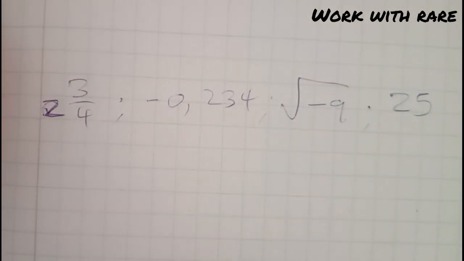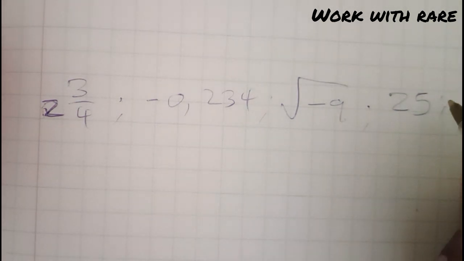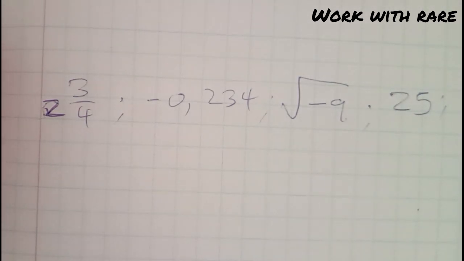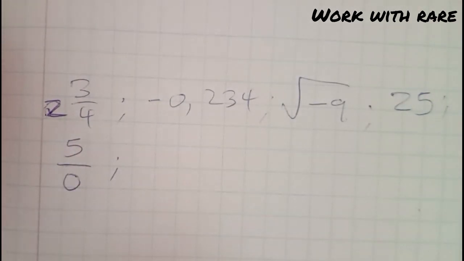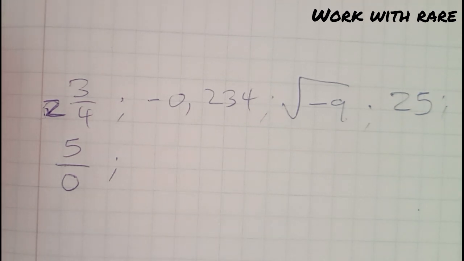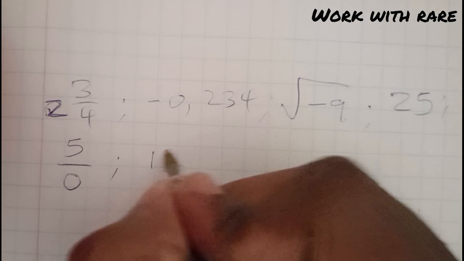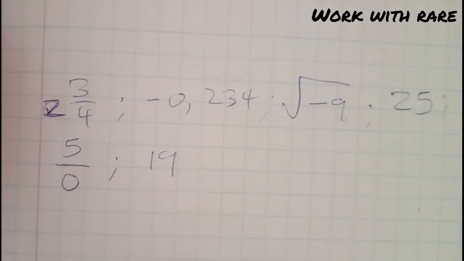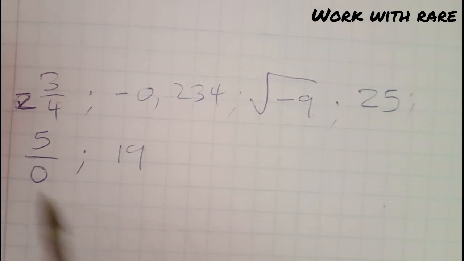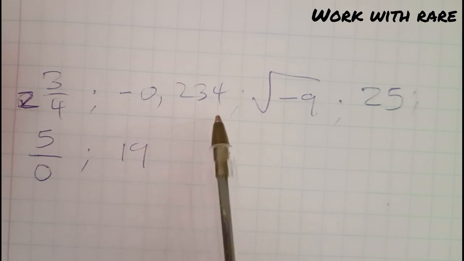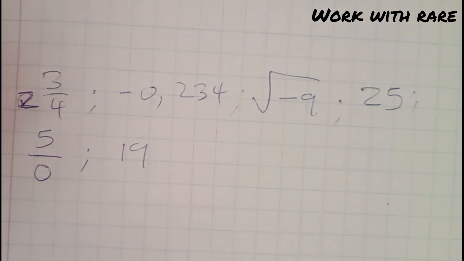And the other number is 5/0. And the last number is 19. Okay, so we have these numbers: 2 3/4, negative 0,234, square root of negative 9, 25, 5/0, and 19.